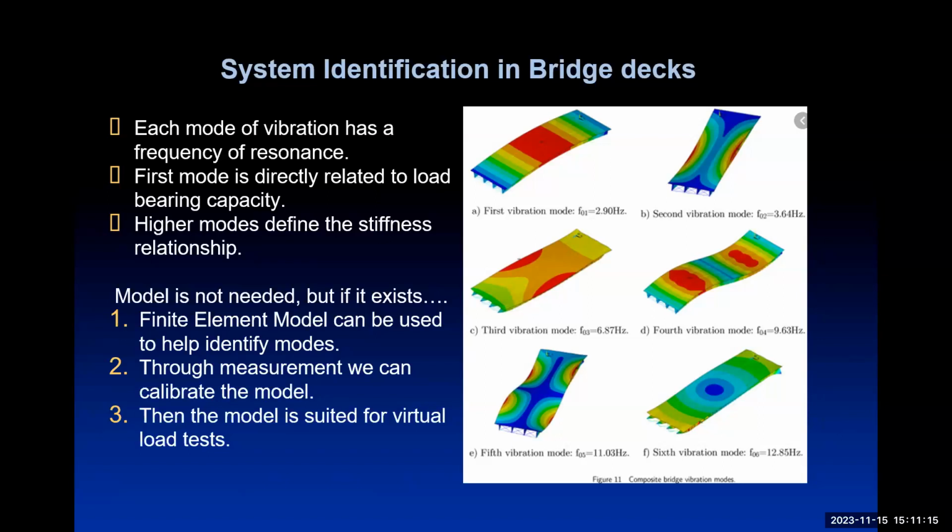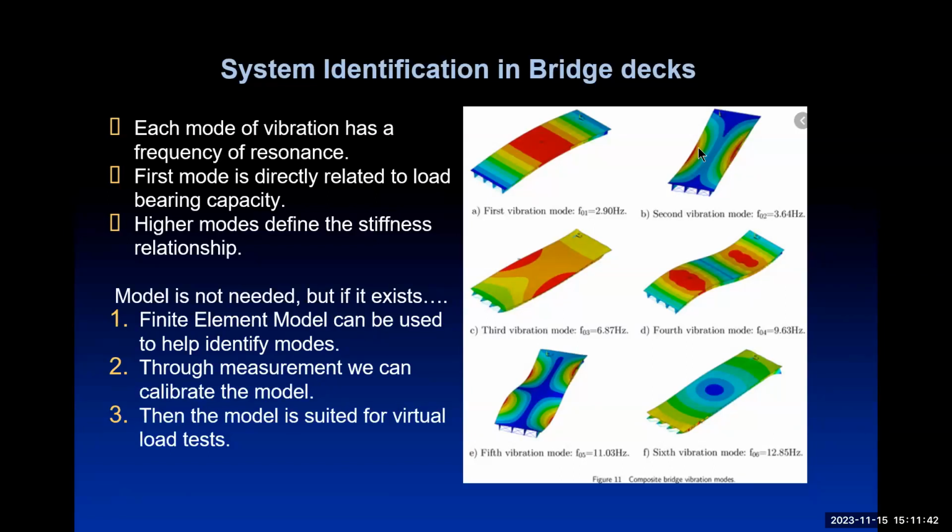So the first thing is each mode of vibration has a frequency of resonance. This first one here shows the normal sort of thing that we consider for bridge design. In this case, the center of the bridge is going up and down. But as frequencies get higher, the modes of vibration are more complex.